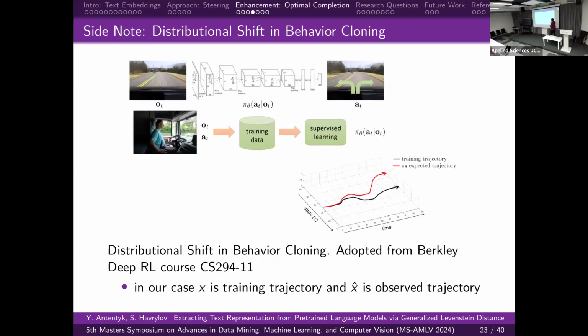So our task is similar in a way: the ground truth sentence is the expert trajectory, and the generated sentence is the trajectory produced by the policy, and they differ. This is exposure bias and distributional shift.